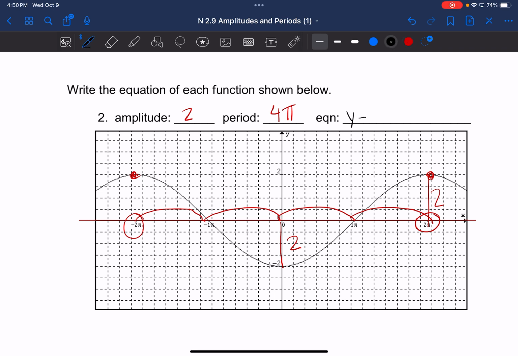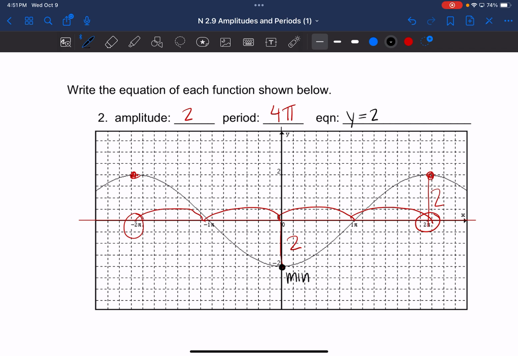So my equation is going to be y equals, I always start with the amplitude. If I'm looking at my graph here, on the y-axis, which is where our first point usually is, it was down here at negative 2, meaning I had a minimum.